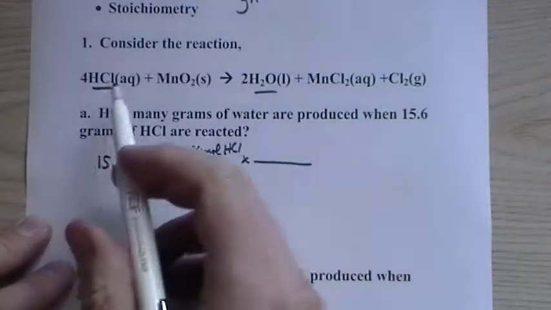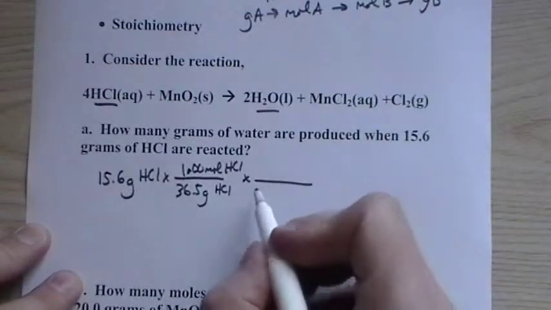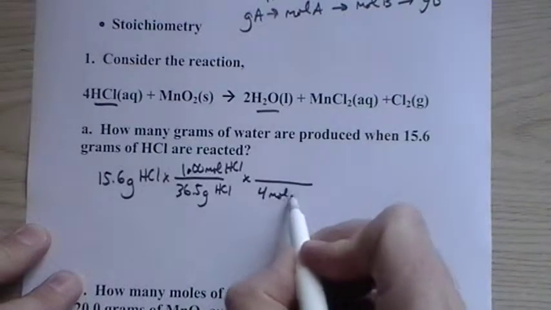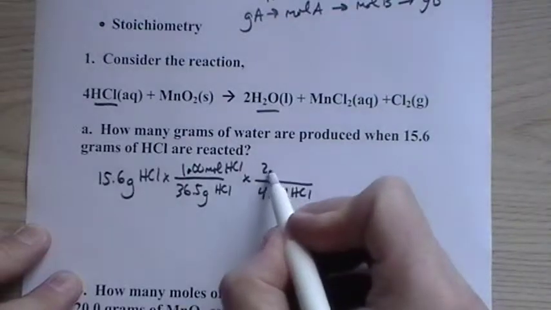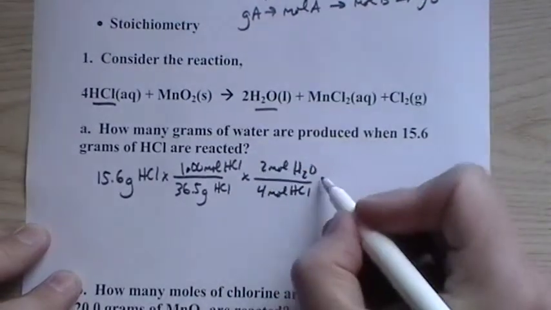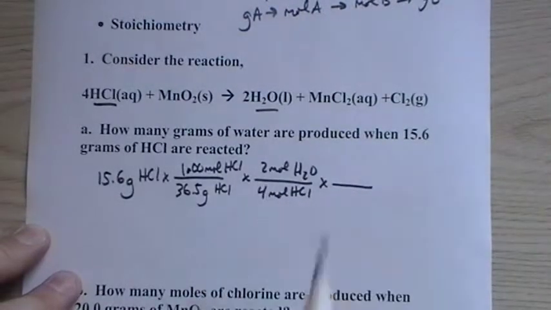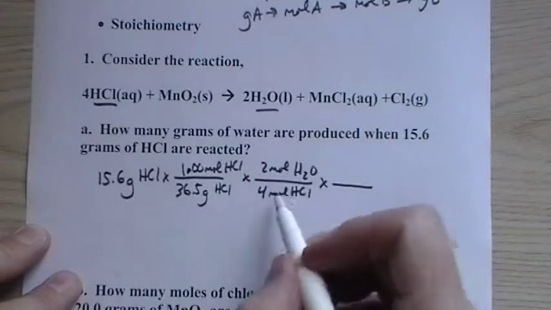Once we're in terms of moles, then we can go to the balanced equation and find that for every 4 moles of HCl, 2 moles of water are produced. And these are exact, so we just have to use the numbers as is. They don't have any effect on the significant figures, because they really have an infinite number of significant figures.